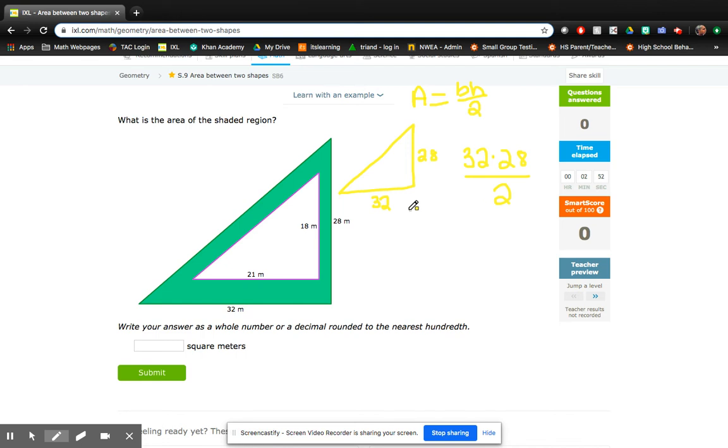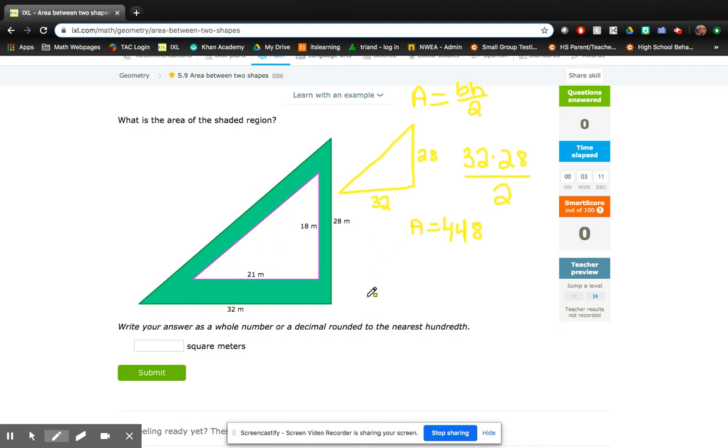Looks like 448 for the area of this big triangle. So that includes, this area includes the white part, okay? This area of this big triangle includes this white triangle in the middle here.